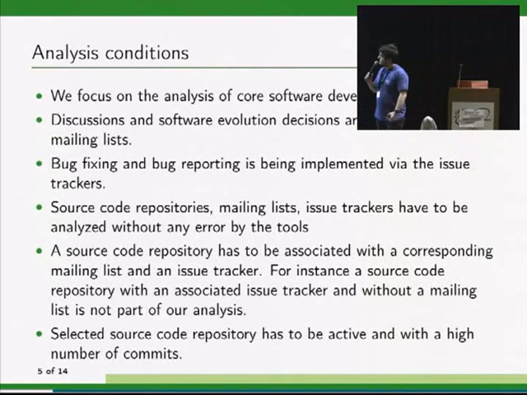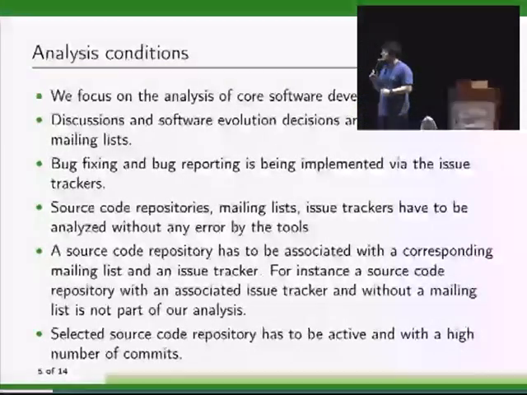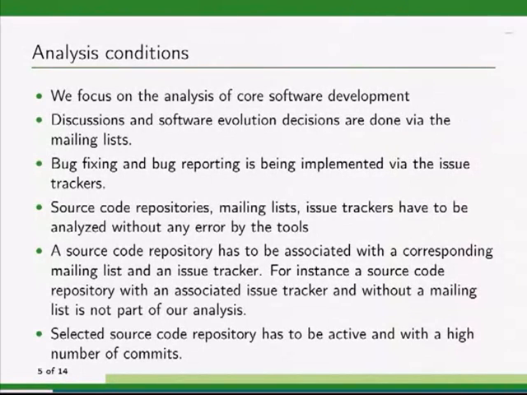We assume that the discussion and the software evolution take part in the mailing list of each project. Likewise, we assume that bug fixing and bug reporting is being done via the issue trackers. The source code repositories, the mailing lists, and the issue trackers have to be analyzed with the tools mentioned before without any error. Actually, I had an error while analyzing the kernel project.